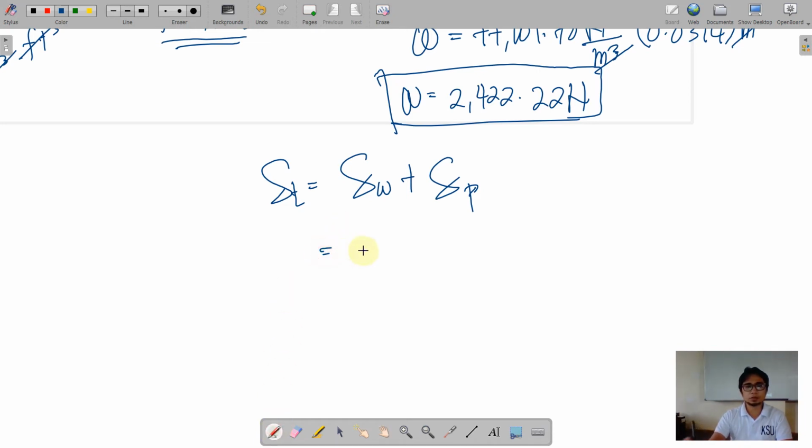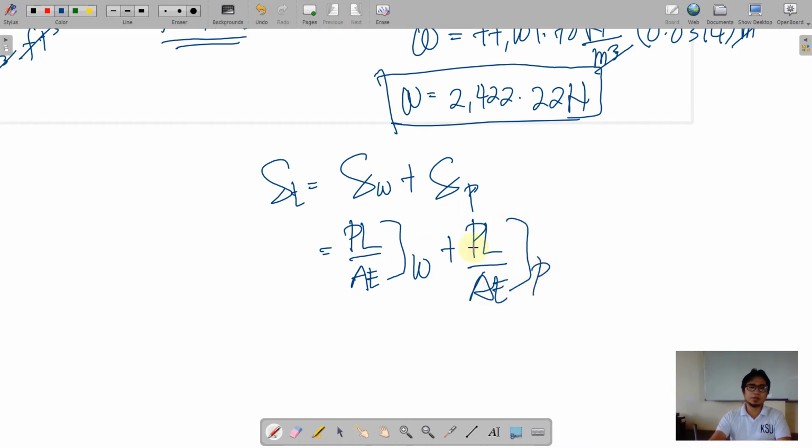So we need to apply the formula PL all over AE, due to weight plus PL all over AE due to the weight of the track, or P.